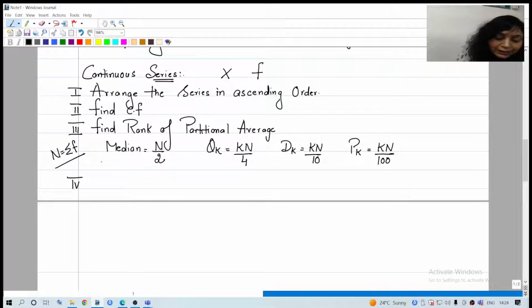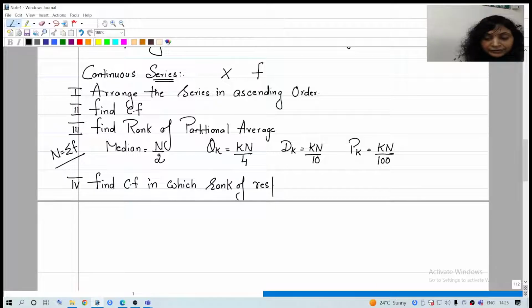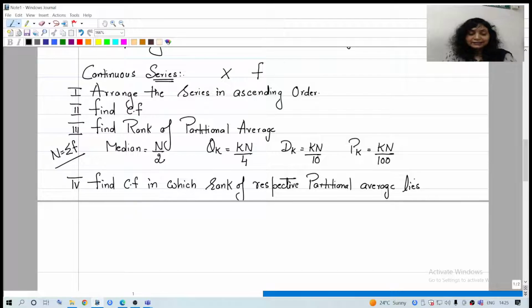Now next step, again the same. Find CF, cumulative frequency, in which the rank of respective partitional average lies. So you have to find out the cumulative frequency in which the rank lies. Now in case of discrete series, we simply say the corresponding item will be your partitional average.